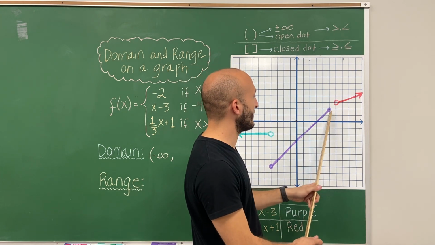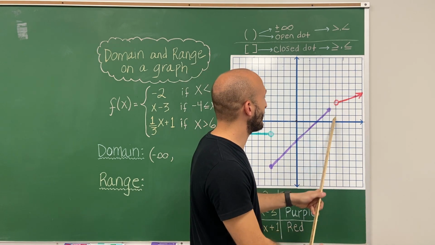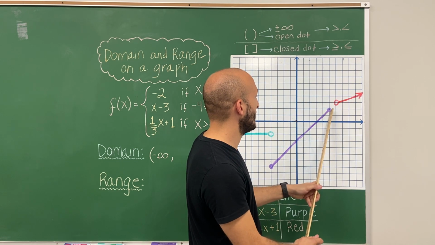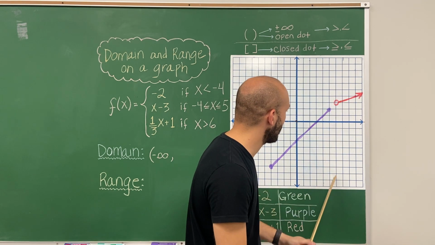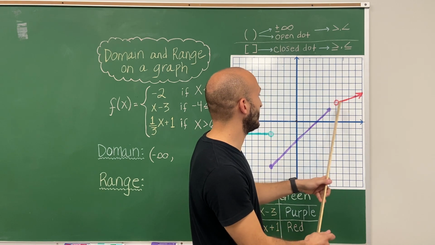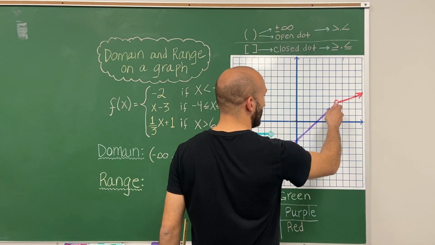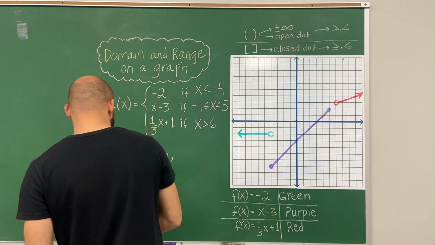But then I get here. There's a break in here where this graph ends. There's no other graph between this one, the purple one, and the red one. So I want to know where this break happens.